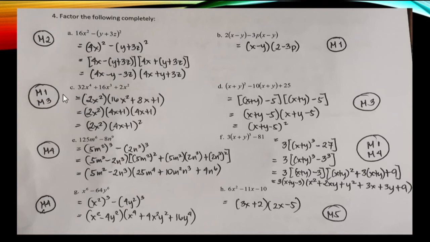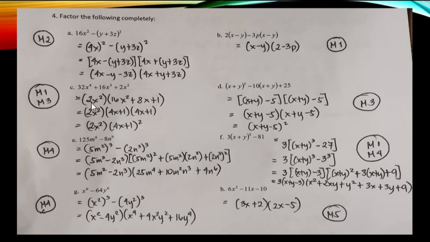Okay, next, letter C. 32x to the power of 4 plus 16x cubed plus 2x squared. So, ato ang una, gikuha na to ang GCF, method 1 tanan na. Kay naay sila common nga, 2x squared is divisible by 2, 32 kang 16, then makuha pod ni nimo x squared sa tulo.